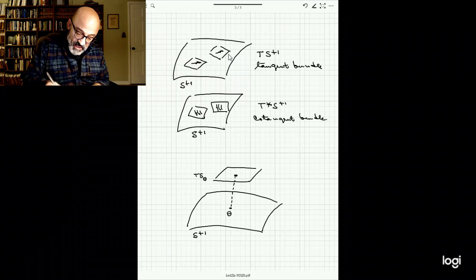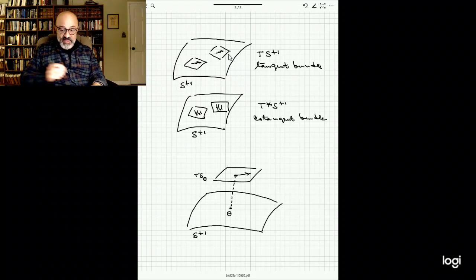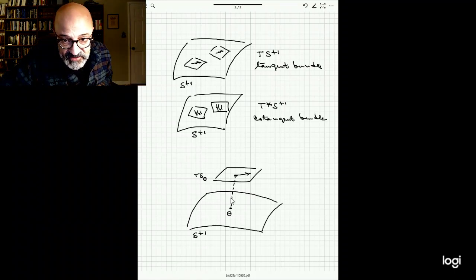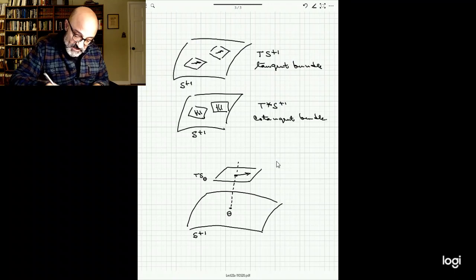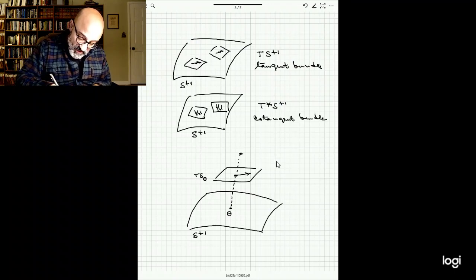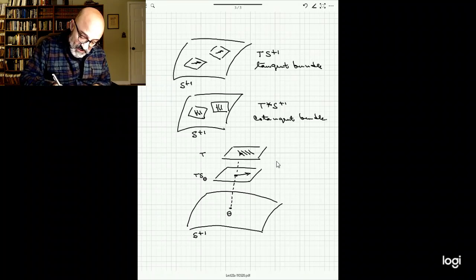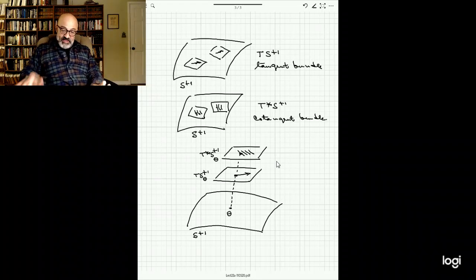And here, this is going to be the space of vectors, all the vectors. Now at the same point theta, we can draw another flat space, which is the space of covectors. We call that T*S_{n+1} at theta. Very good.